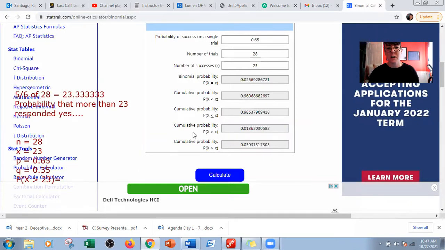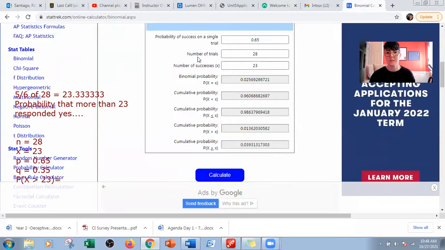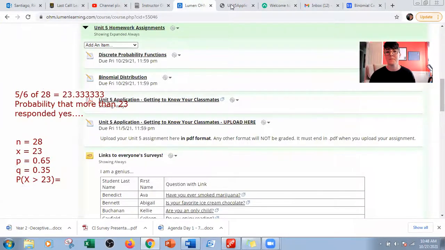So that's going to be right here. X is greater than 23. And you would say that the likelihood is 0.0136. Okay, so round to 4 decimal places. Yeah, that would be a good idea. Okay, this is for number 4 or which one? Let's look back and you tell me.